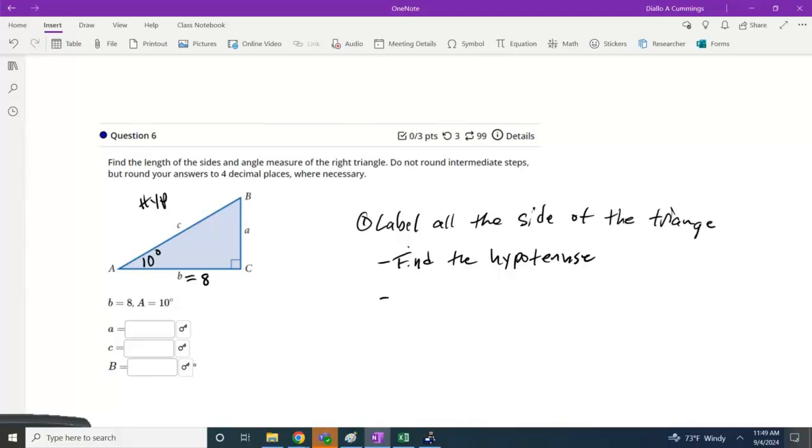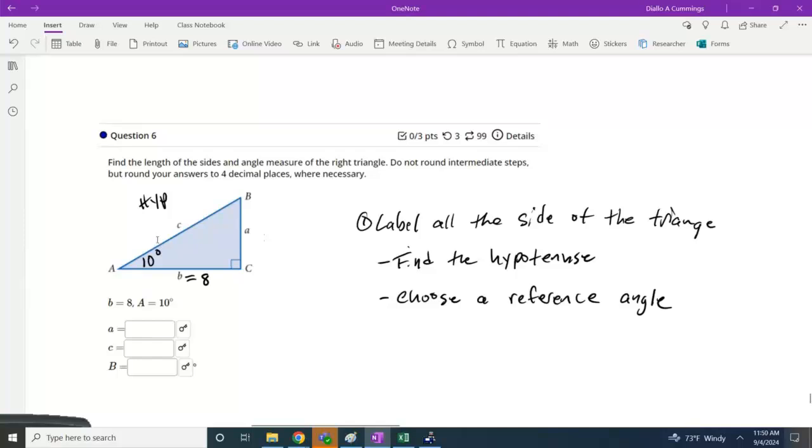The next thing I want to do, and this is the important part, is choose a reference angle. Now we talked about a reference angle. A reference angle is any angle between 0 and 90 degrees, right? It's in the first quadrant.